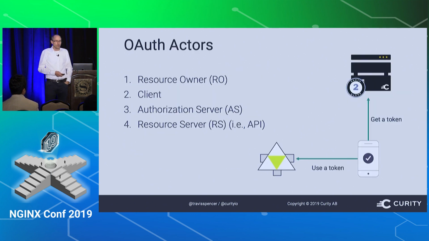In OAuth, there are 4 primary actors or entities that you need to know about. So there's the authorization server itself, the thing that's issuing the token, authenticating the user, obtaining their consent. And then there's, of course, the end user themselves, which is called the resource owner. And then there's the API or the resource server. And then there's the client or the application.